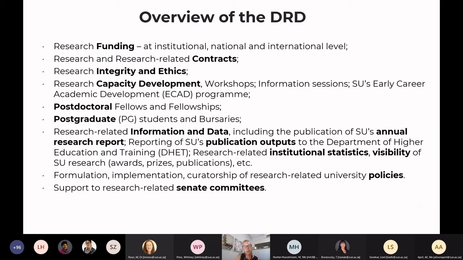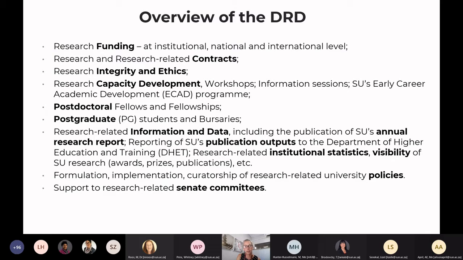So just in a bit more detail, we are responsible for research funding at the university. All research grants eventually would come through us in some or other form, both at institutional level, where we have a little pot of money available for particular areas, and specifically through the subcommittees of the research committee, institutional funding, and some other categories.